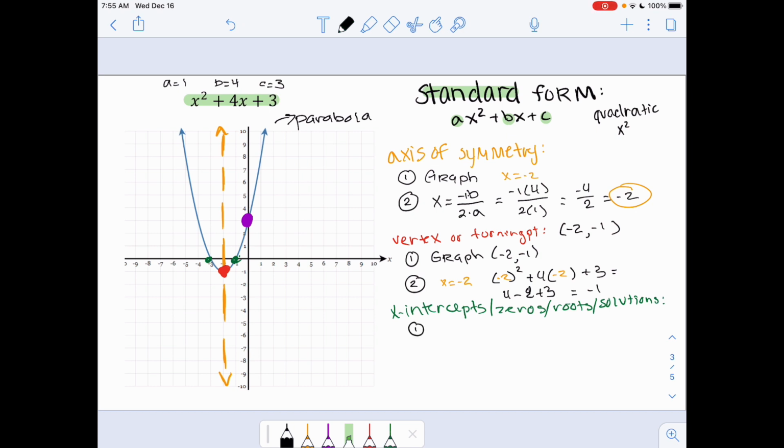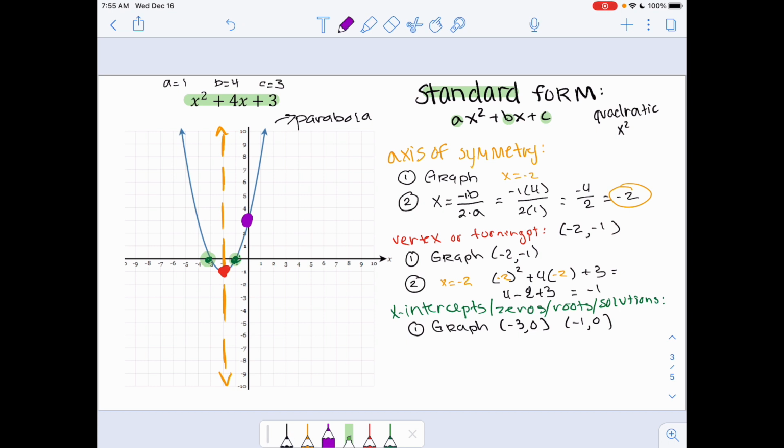One is just look at the graph, and we see we have one x-intercept here and another one right here. So we'll write these ordered pairs as -3, 0, and -1, 0. We'll learn the other methods for finding our x-intercepts, zeros, roots, or solutions as we progress throughout the unit.